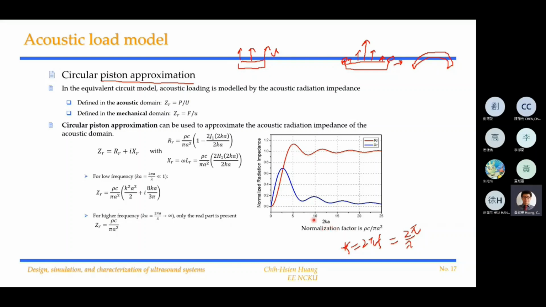So the value of ka, which region your device is in, will depend on how much frequency you have, and also how large the device is. If your device is larger, you also go to the region where the imaginary part of the impedance is smaller, and the real part is the dominant part.